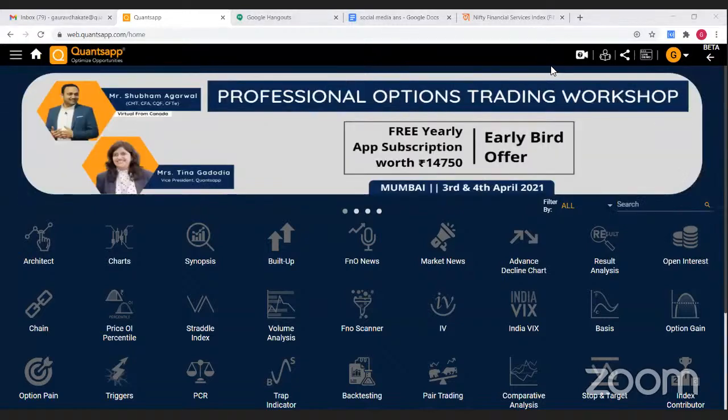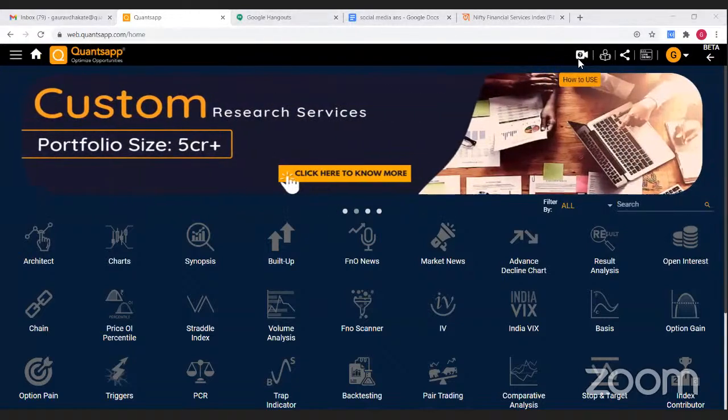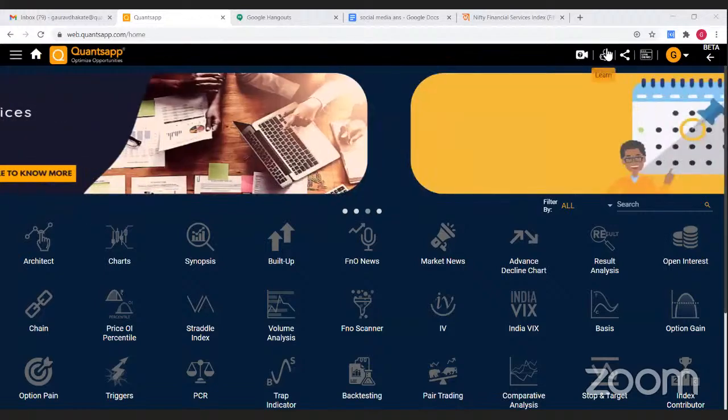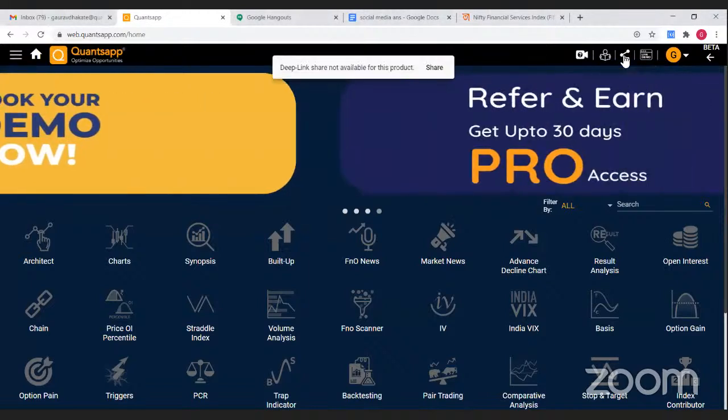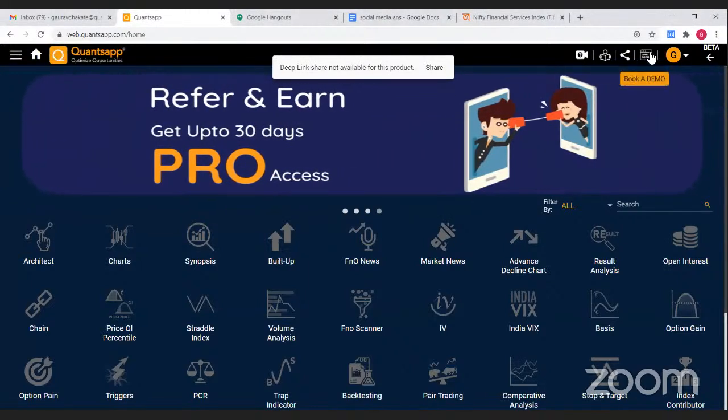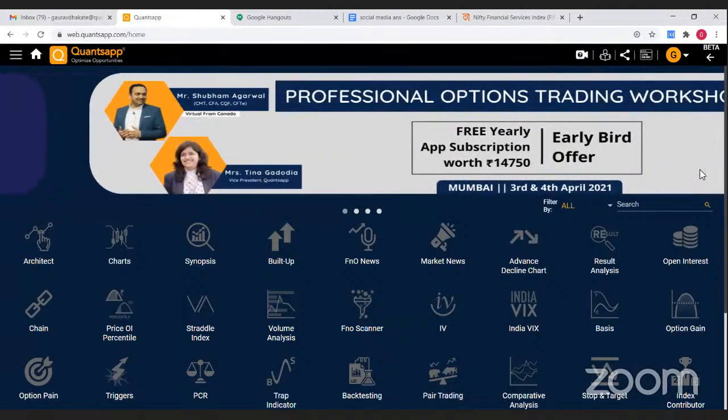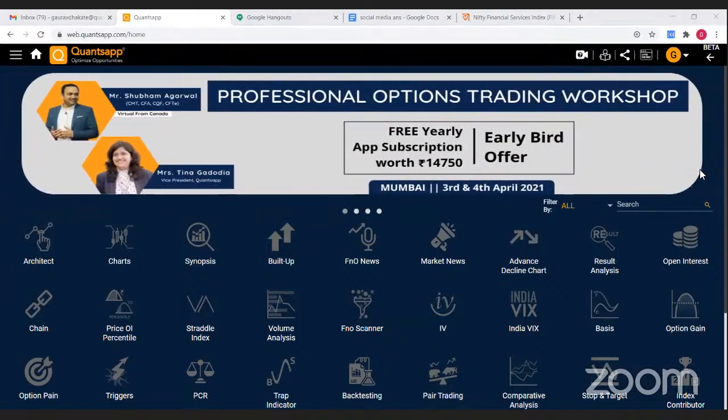Then we have also added how to use any particular tool. Then you have the learn section where you have option courses, various articles, strategies, and demo videos. Then you have the deep link share, and book a demo if you want to book a demo for any particular tool.